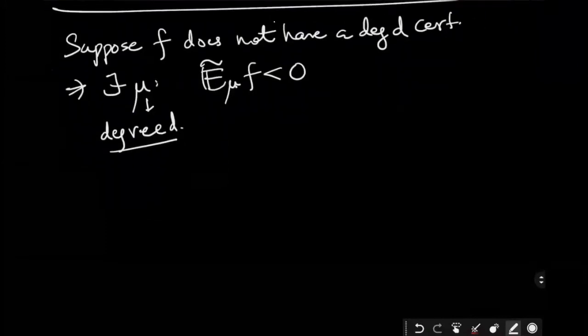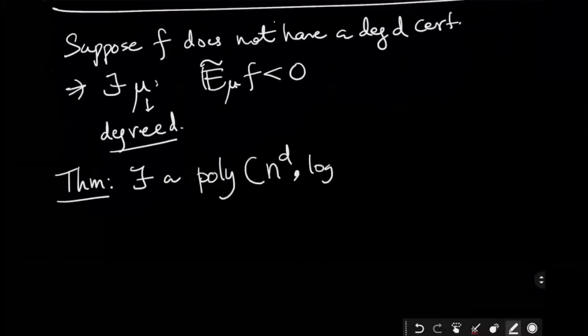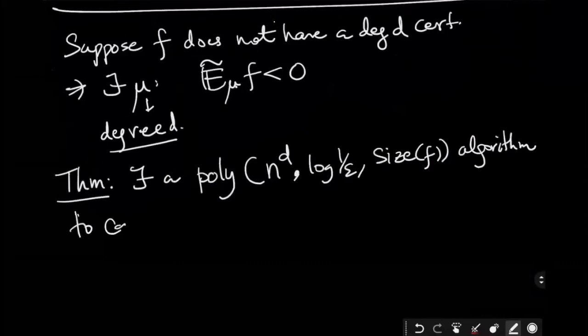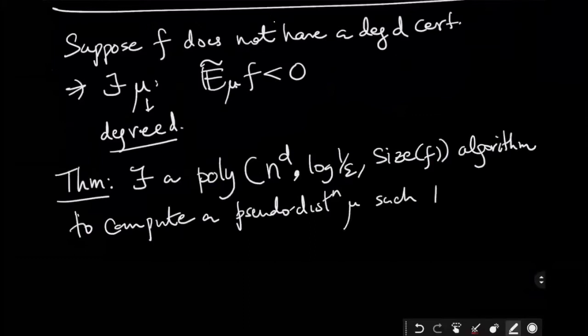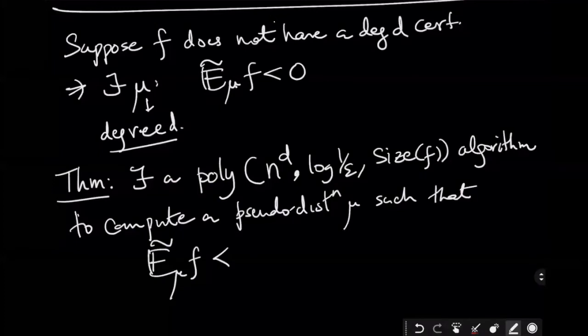So what are we going to prove? Let's write it out as a theorem. In this case, there exists an algorithm, with running time polynomial in n to the d, log 1 over epsilon, and the size of f, to compute a pseudo distribution mu such that the pseudo expectation of f is not negative, because that we can't immediately guarantee, but less than epsilon.